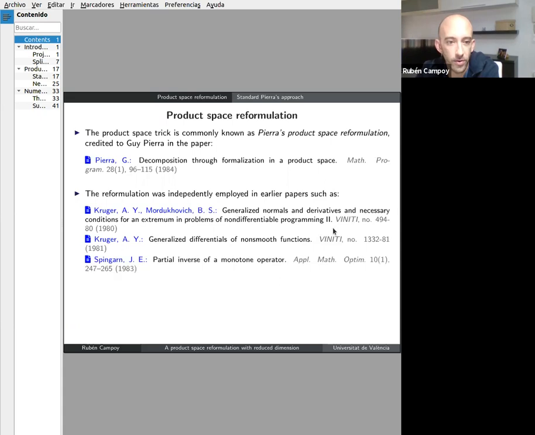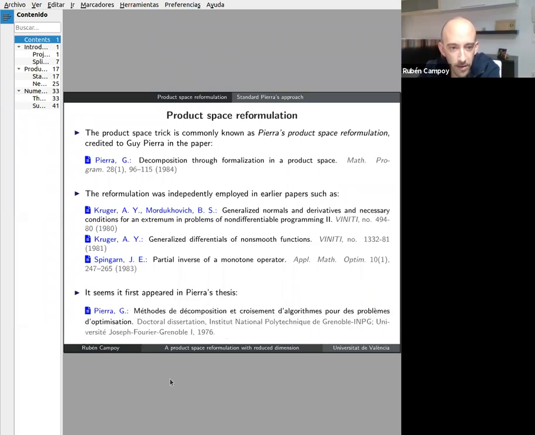But then I also saw that Spingarn, in his paper about the method of partial inverses from 1983, also uses the product space reformulation. So we were a bit confused about the original origin of the reformulation, and thanks to Heinz Bauschke, he pointed out that actually the reformulation by Pierra was proposed in his thesis, which dates from 1976. So this is why we call it Pierra's product space reformulation.